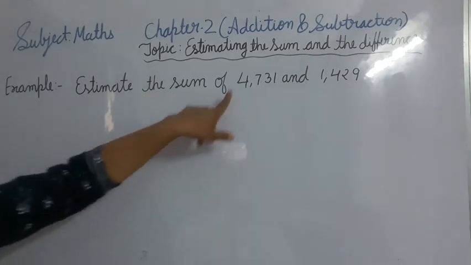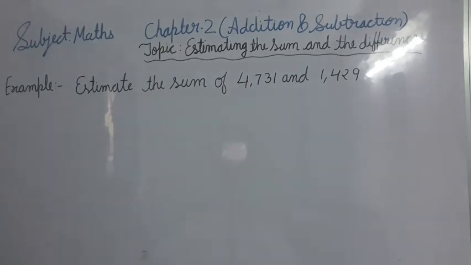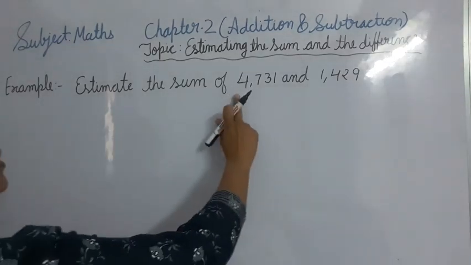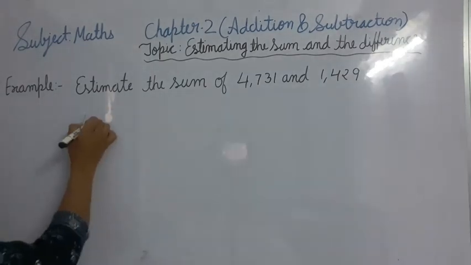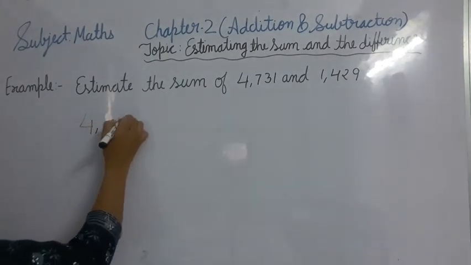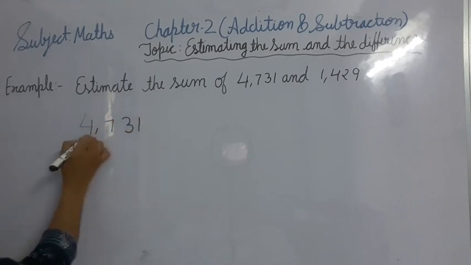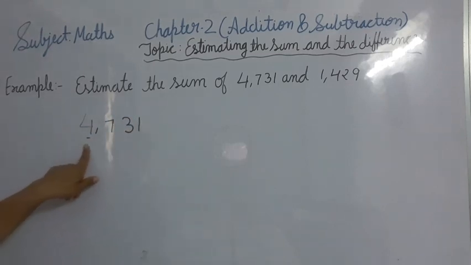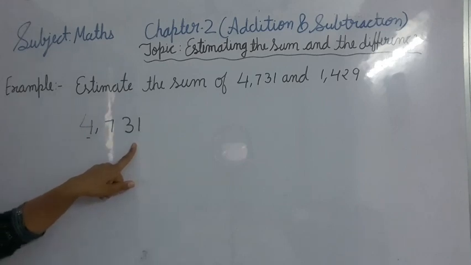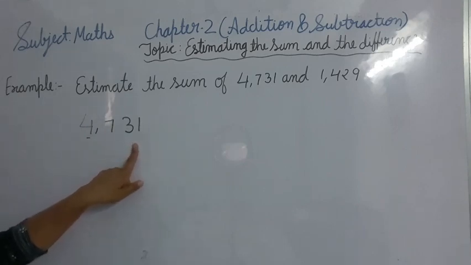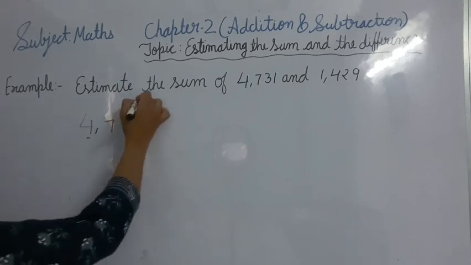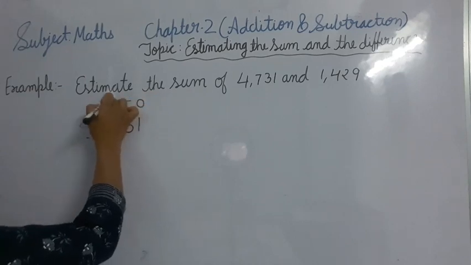To estimate the sum, first we need to take out their rounded numbers. So 4731 is in the thousands. We'll round off to the nearest 1000. How will we round off to the nearest 1000?